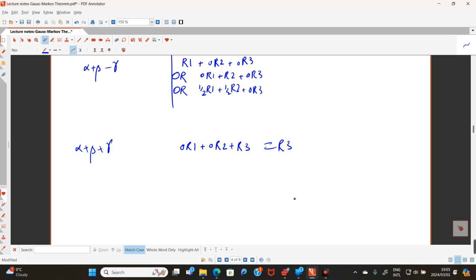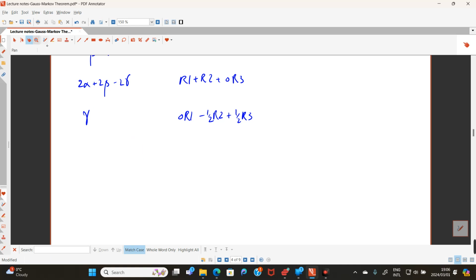Or the other one, 2 alpha plus 2 beta minus 2 gamma, if you remember, was the sum of the first two rows, so it is R1 plus R2 plus 0 R3. Or even gamma, which was an estimable function of parameters, because you can write it as 0 R1 minus half R2 plus half R3.